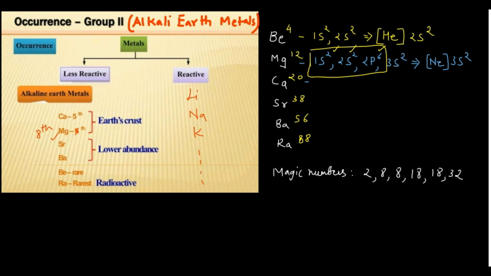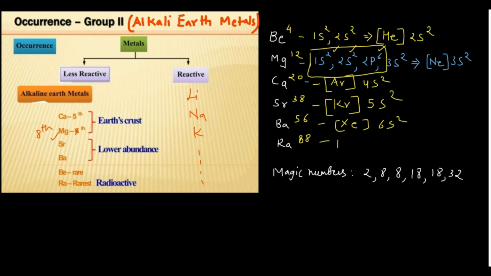In the same way, if you continue to write the electronic configurations of these, then after neon you have argon, so you can put this argon in the square bracket, and after that you will write the 4s2 here. After argon you have krypton. So this is the electronic configuration of krypton, and this is 5s2, and then you come to xenon, the electronic configuration of xenon, and then 6s2.